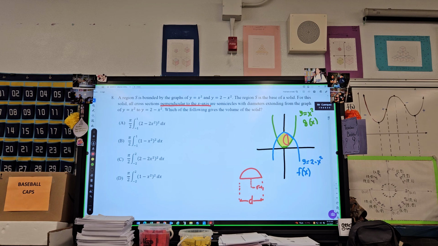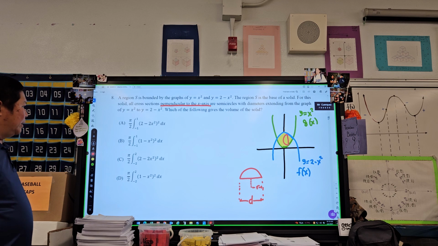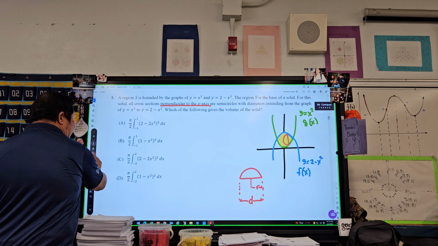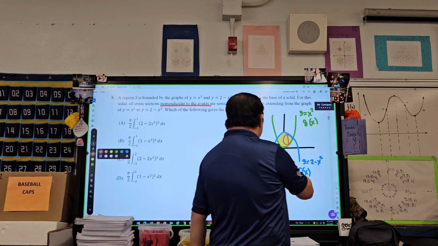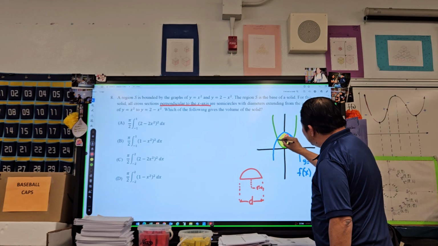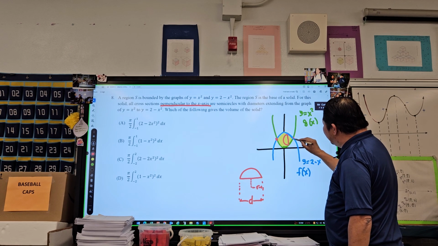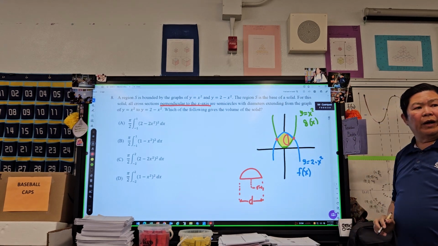But we need to solve for the intersection first, right? Because we are identifying this intersection on the left and the intersection on the right.